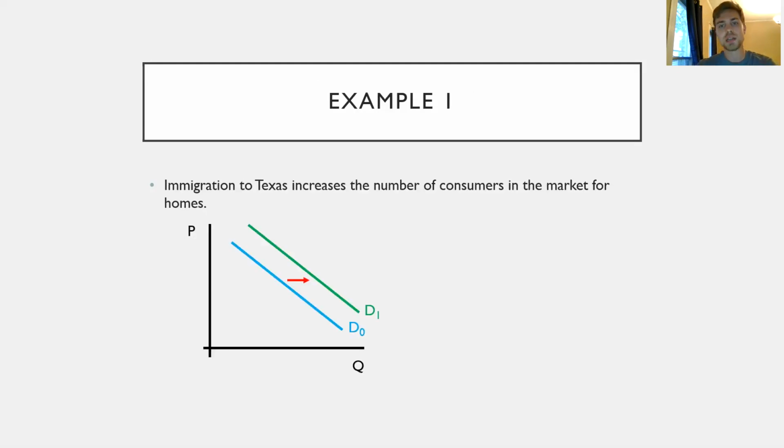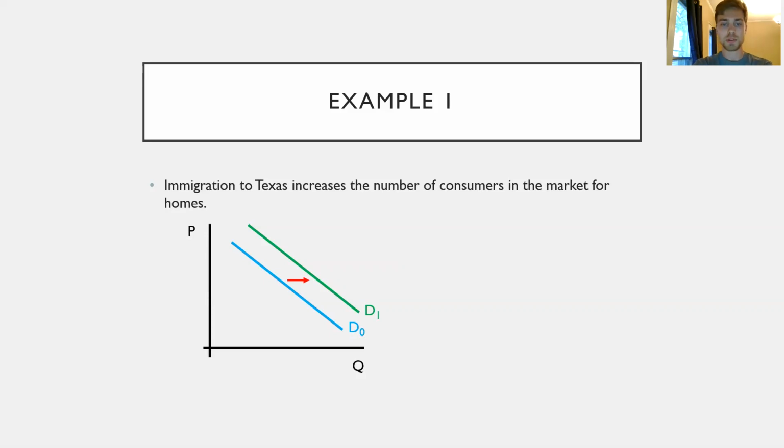Okay, so here's just a simple example of how a demand curve will shift, a real world example. We've seen immigration to Texas. If we think about the market for homes, immigration to Texas is going to be an increase in the consumers in the market for homes in Texas. And so that's just going to shift our demand curve to the right here.